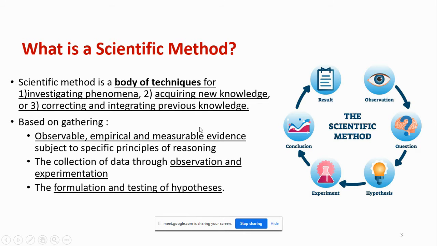So that's how the gathering works, basically. And at the end of the day, it can help us, as I said, to formulate and to test the hypothesis, meaning that by collecting all of this data and by doing all of these methods, at the end of the day, we'll answer the research question and we will validate the hypothesis, whether it's correct or wrong, whether our expectation is right or wrong.